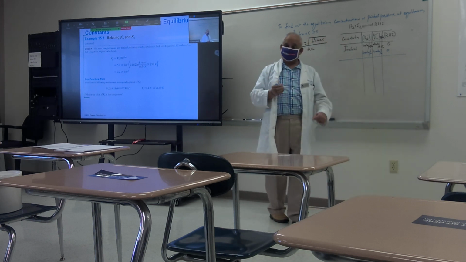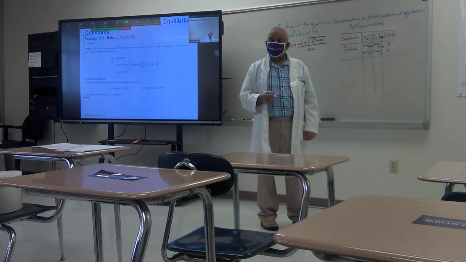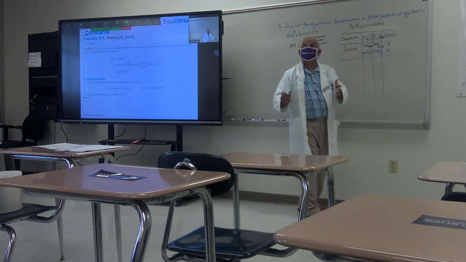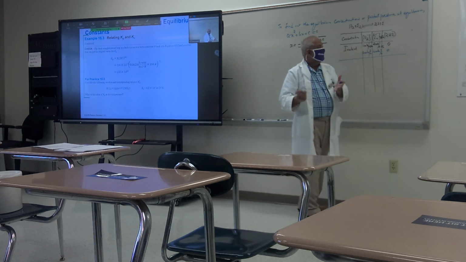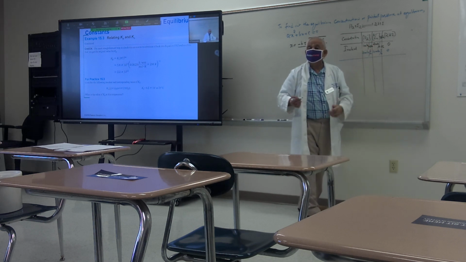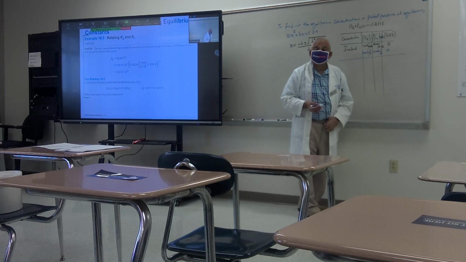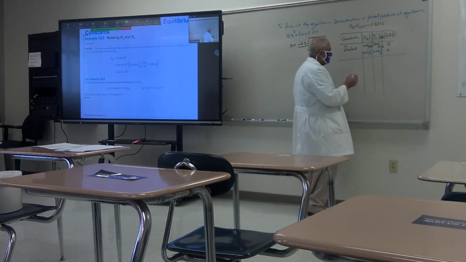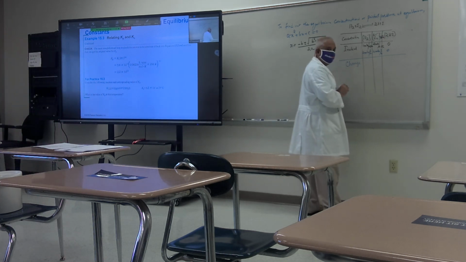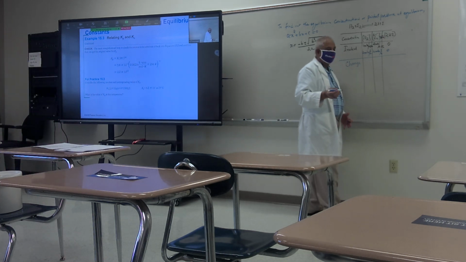Now the reaction has started. Okay? After you start the reaction, how much of this hydrogen is going to convert? You don't know. How much of iodine is going to convert? You don't know. Anything that we don't know, we put as what? X. So here I am going to say change. How much change? We don't know.